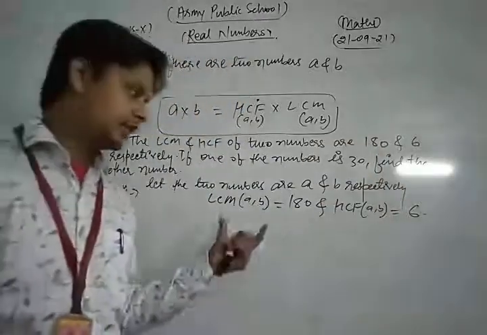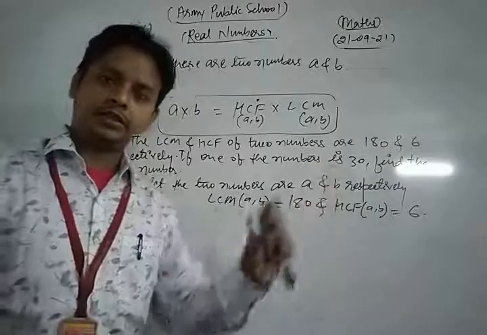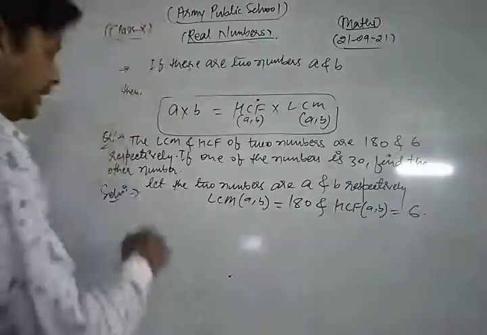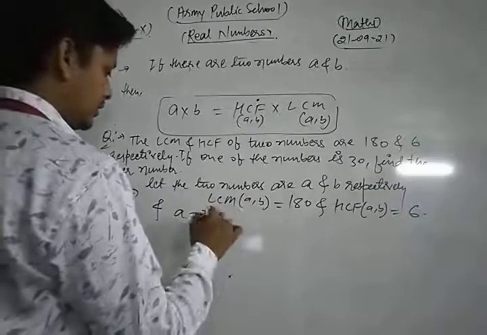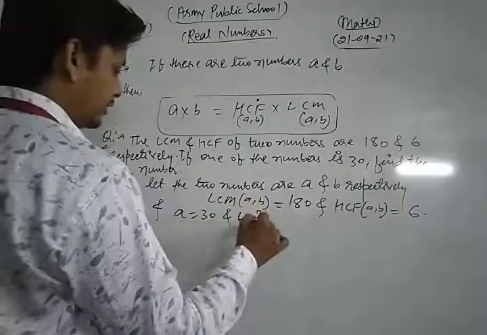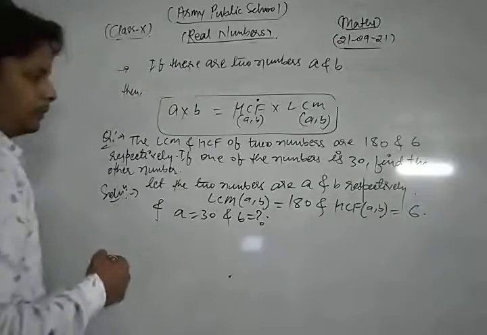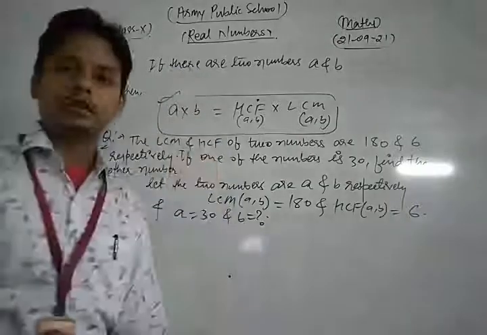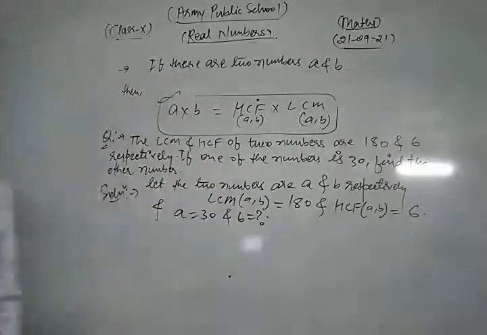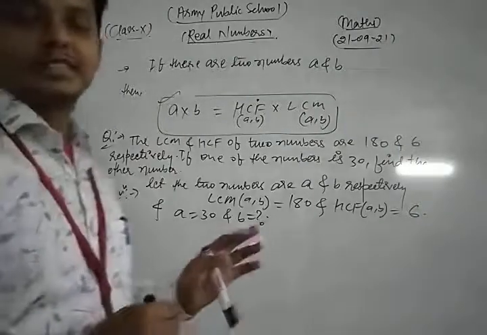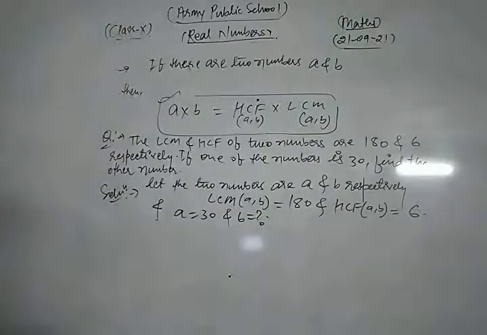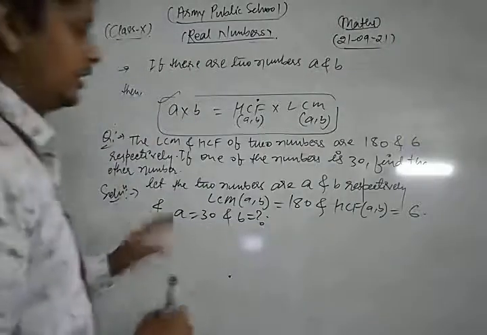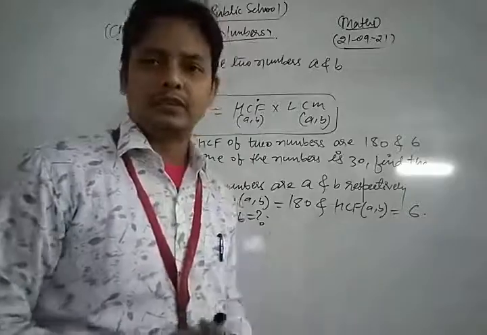Means according to the question, LCM and HCF are given. Let us take the first number as A is 30, and we find the other number. So now we apply that formula: the product of these two numbers is equal to HCF into LCM.